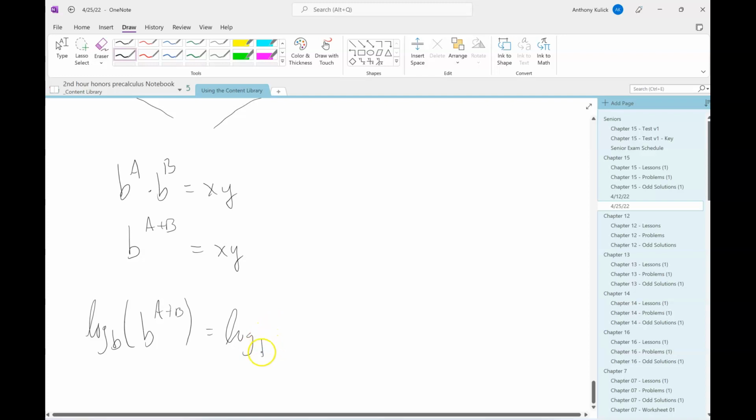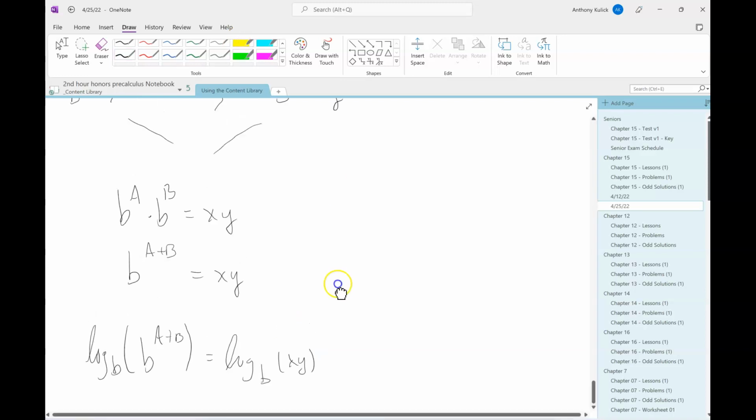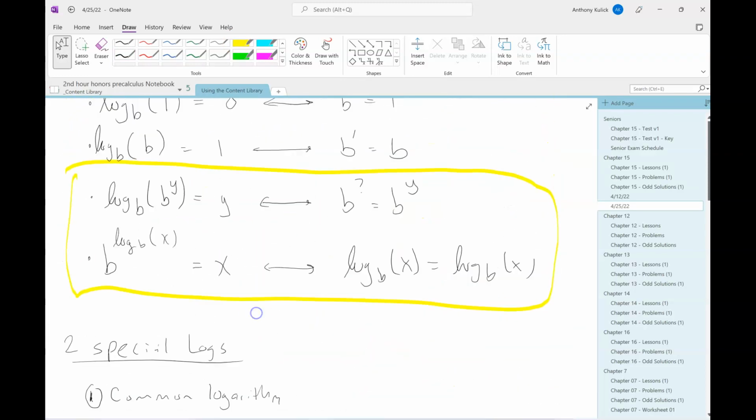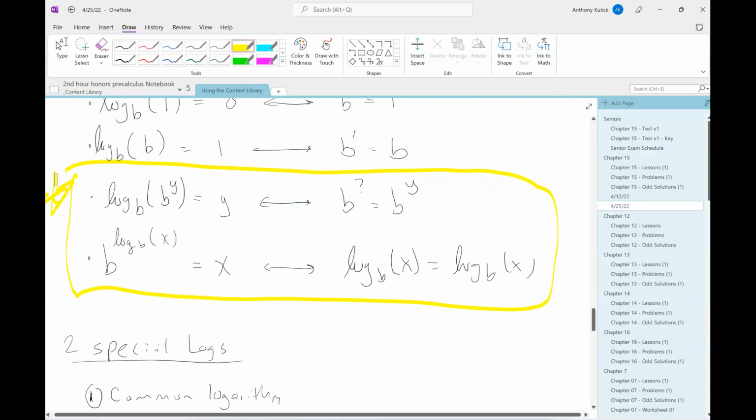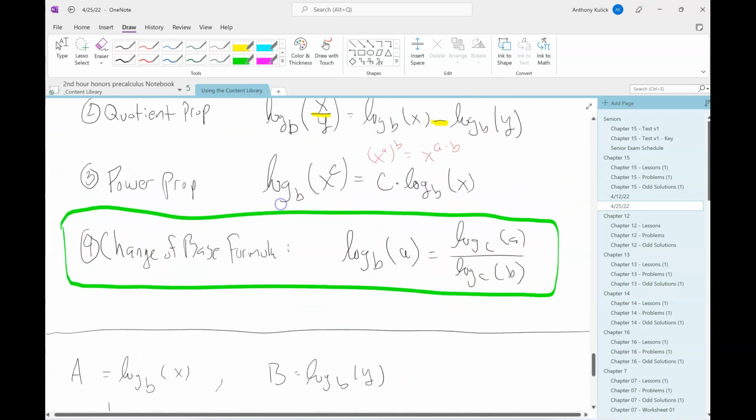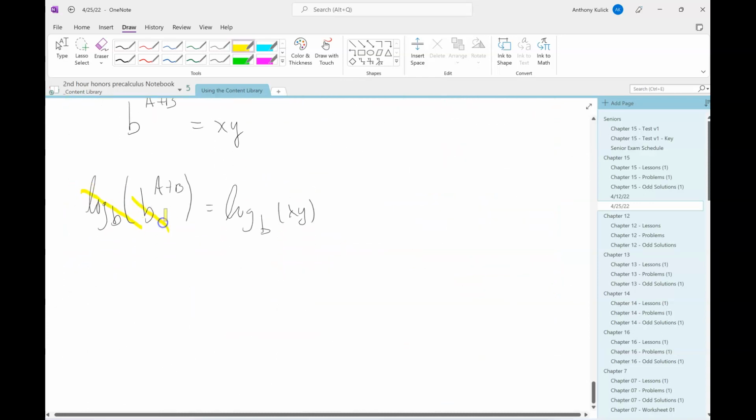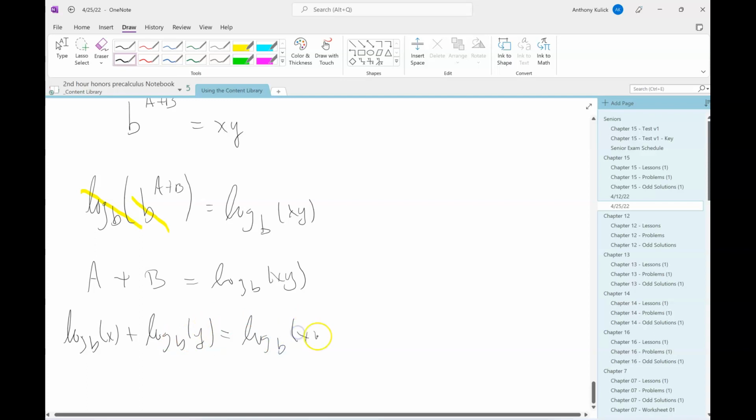And then if you remember, I'm going to use this property here, which allows me to just cancel those out, giving me a plus b is equal to log base b of xy. And I defined a as log base b of x and b as log base b of y at the very beginning. And that's the product property.